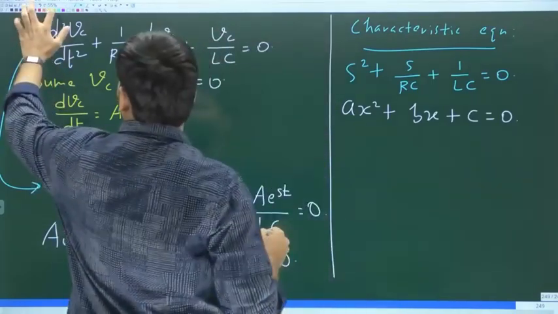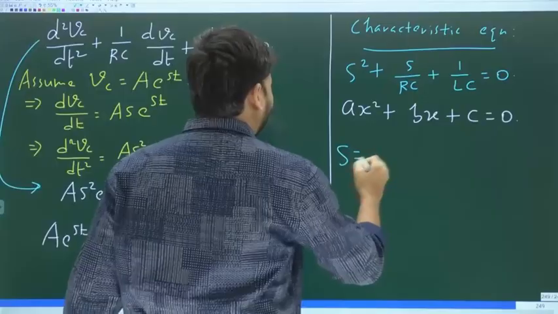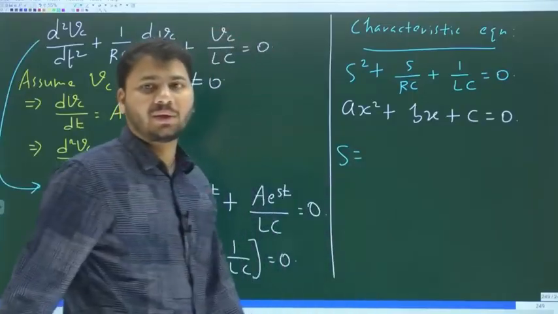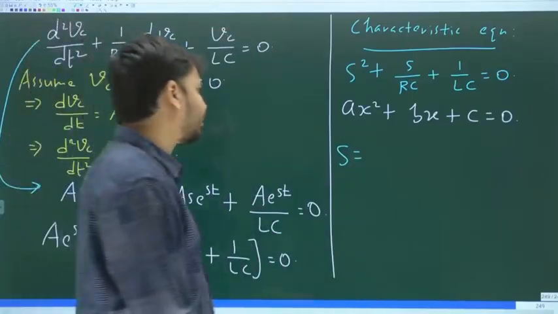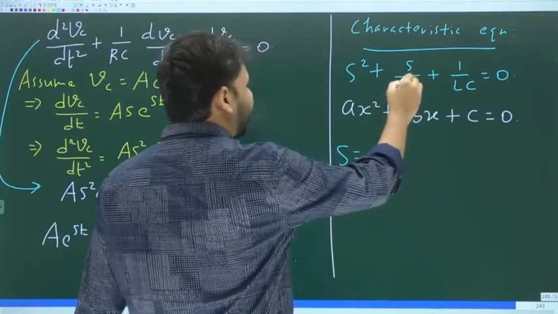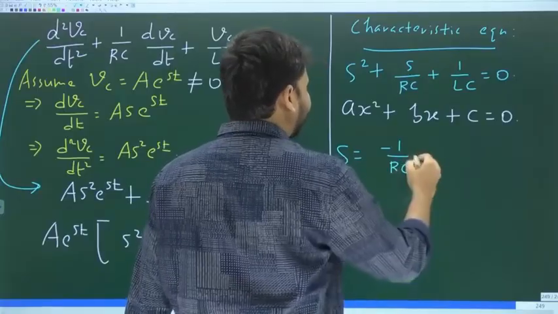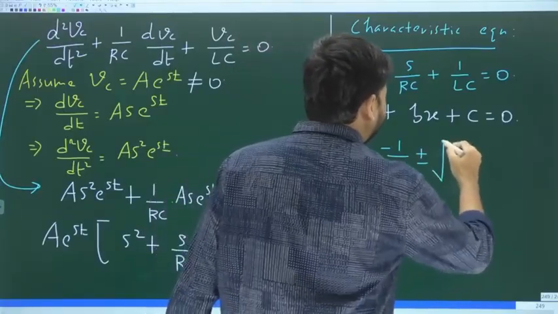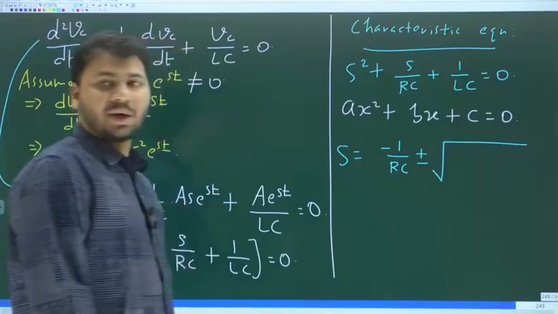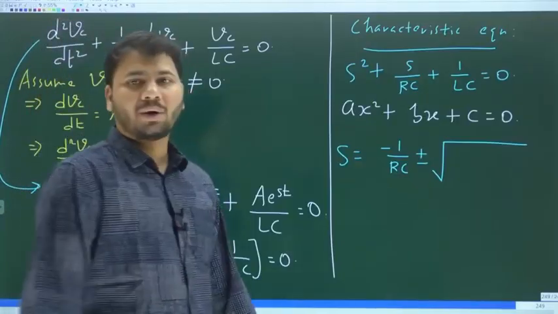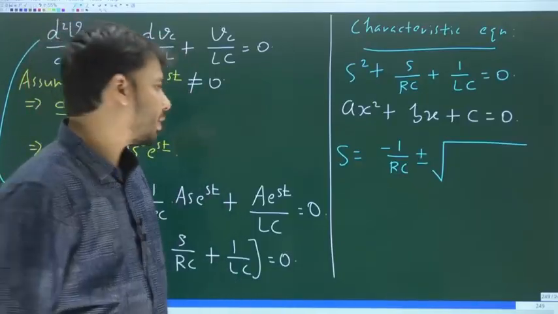So what are the 2 poles or the 2 roots of the characteristic equation? Minus b. b is what? 1 by RC. So minus b is minus 1 by RC. And then plus or minus square root of b square minus 4ac.